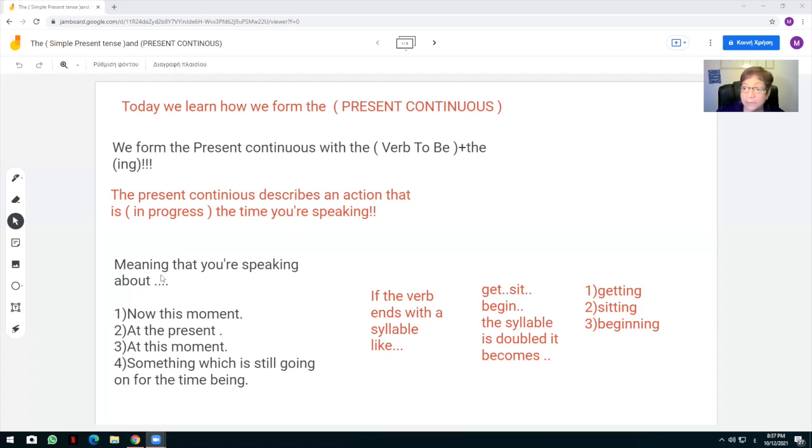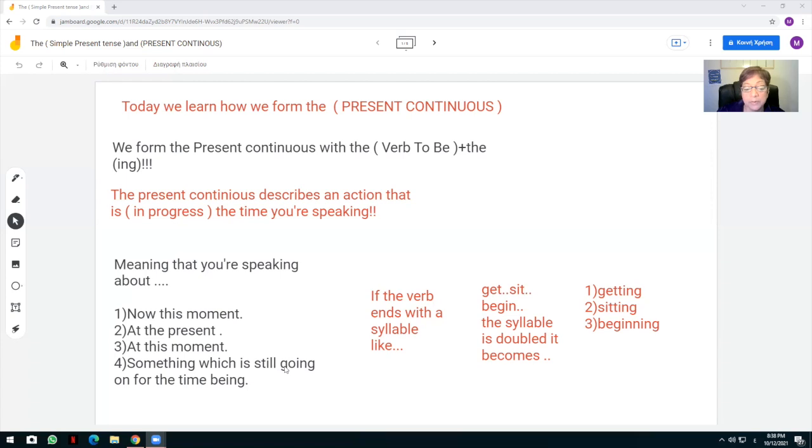meaning that means what it says, it means that you are speaking about now, this moment, at the present, now, at the present, not the past, it is the present, at this moment, something which is still going on for the time being.